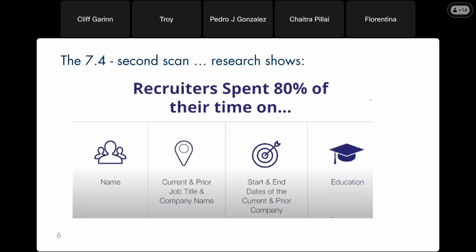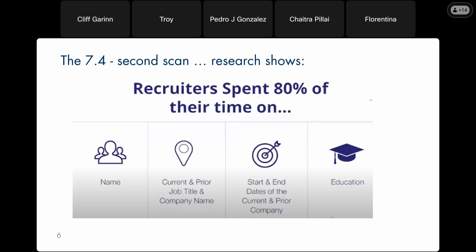So speaking of recruiters, when a recruiter reads your resume, it's usually really no more than 7 seconds, if that long. And one study shows that more than 80% of recruiters spend their time looking at your name, skimming the document and highlighting where did you work, what dates, are the dates all in order, that sort of thing.